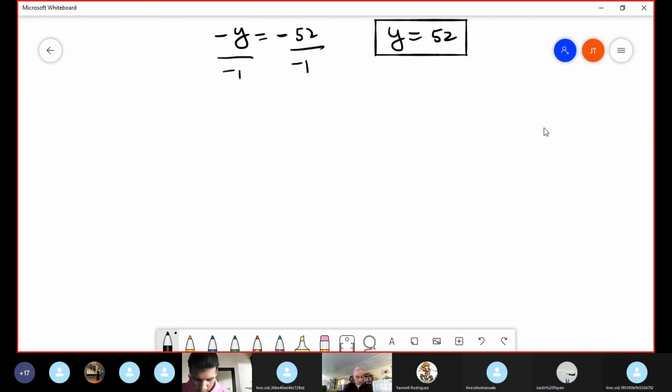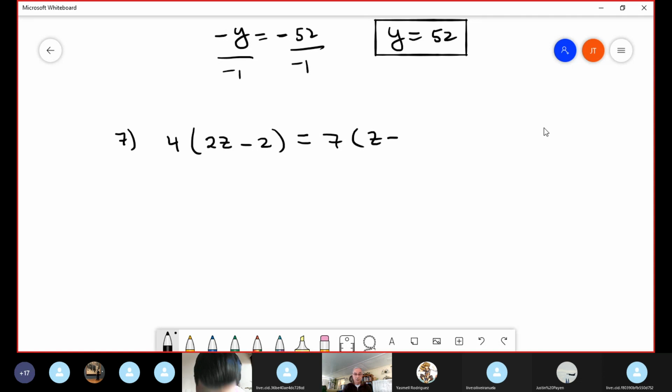Okay. Number 7 is similar. 4 parentheses 2z minus 2 equals 7c plus 2.